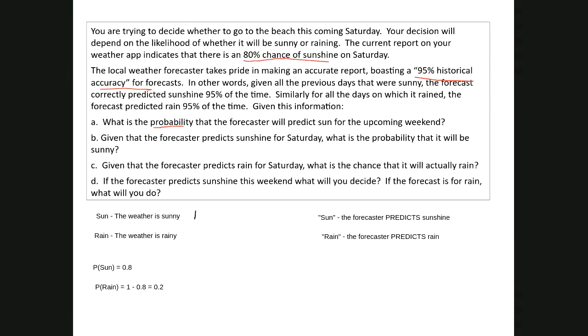So given it's sun, the forecast has been correct 95% of the time. Similarly, the probability that rain is forecast, of those days that it has actually rained, has been a correct forecast 95% of the time.